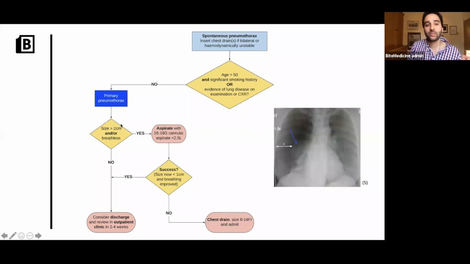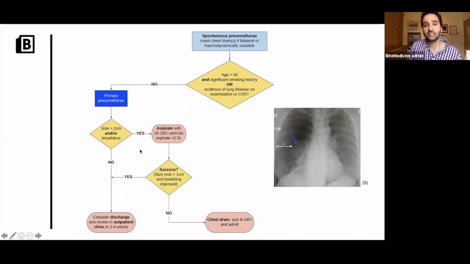So when I asked you the question on the last slide, we are at this point. We then need to have a look at the chest X-ray and their symptoms. What size is the pneumothorax on the chest X-ray? If it's over 2 centimeters, you're going to need to aspirate, and or if they're breathless. If it's less than 2 centimeters and they're breathless, you're going to need to aspirate. If it's more than 2 centimeters, regardless of their breathlessness, you're going to need to aspirate.